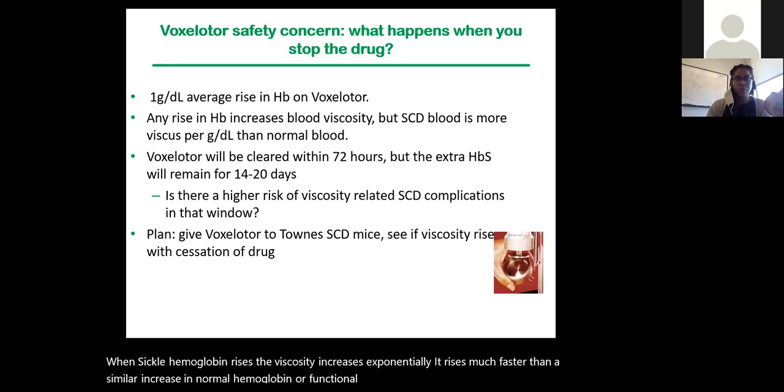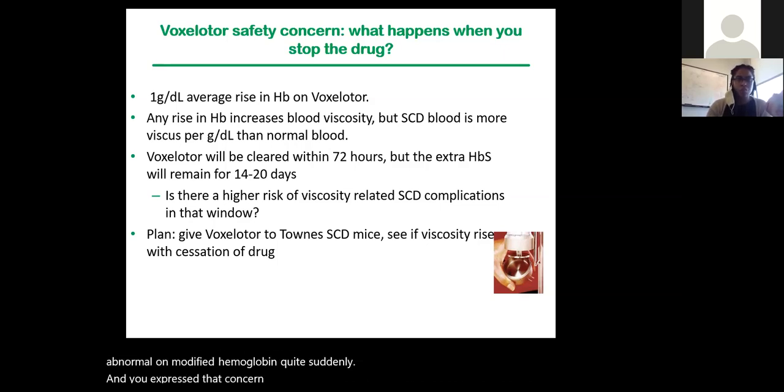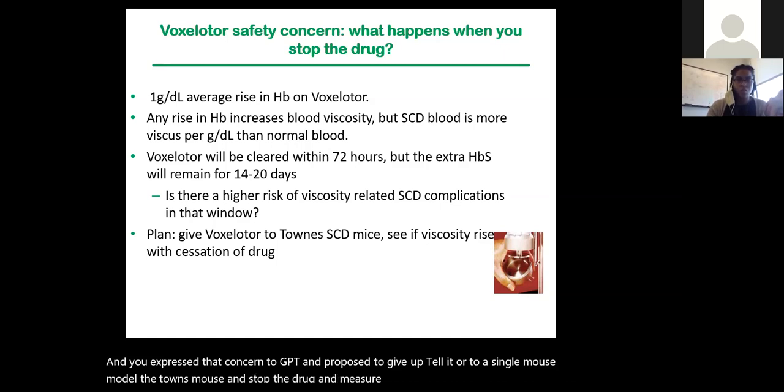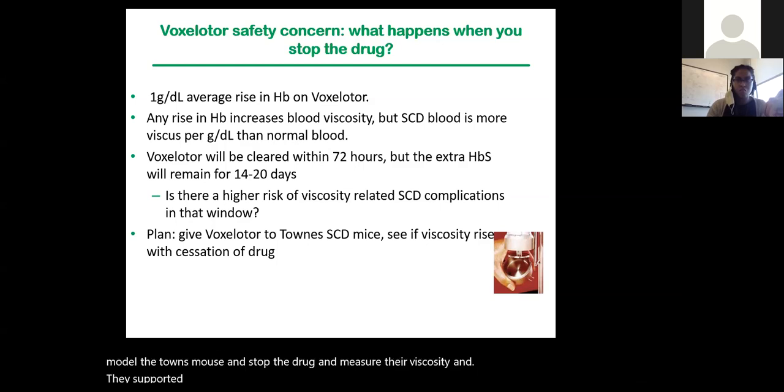So my concern was that we get this rebound effect of a rise in whole blood viscosity because we now had more of an abnormal unmodified hemoglobin quite suddenly. And I expressed that concern to GBT and proposed to give voxelotor to a sickle mouse model, the Townes mouse, and stop the drug and measure their viscosity. And they supported that research.